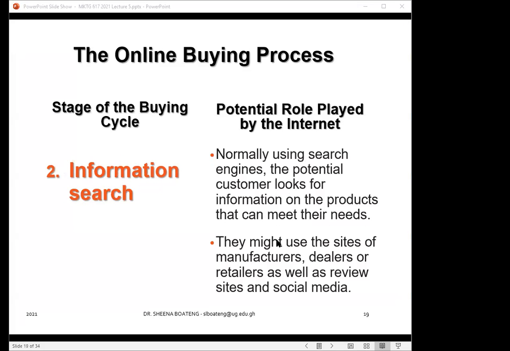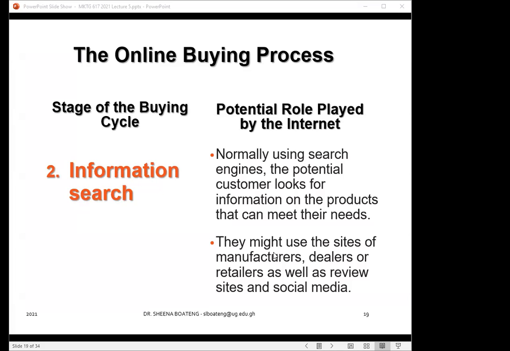Now, the next stage of the buying process, which is information search, again, can be facilitated by internet technology. First of all, by the use of platforms such as search engines, which are usually the first point of call when customers are looking for specific products to satisfy a need.